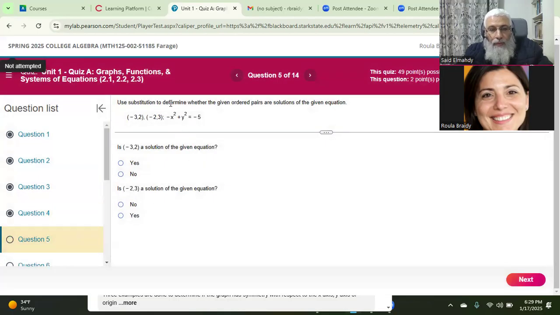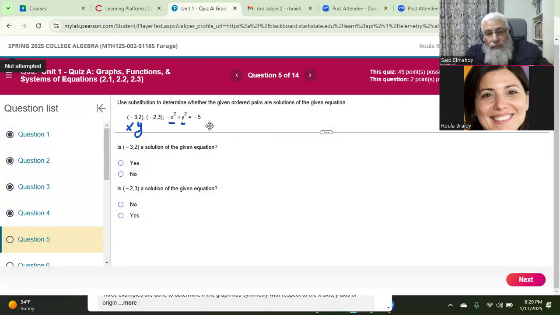Use substitution to determine whether the given ordered pairs are solutions of the given equation. This is x and this is y. If we substitute x and y and we get -5, this is a solution. If we don't get -5, this is not a solution.